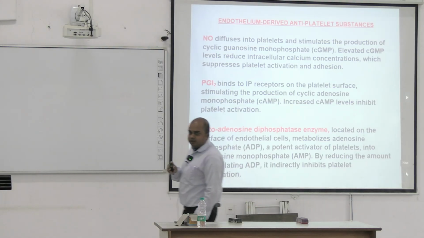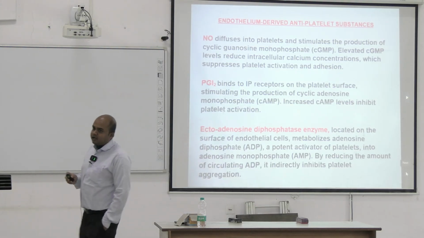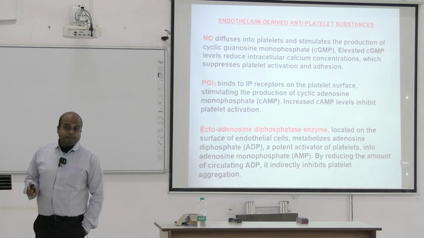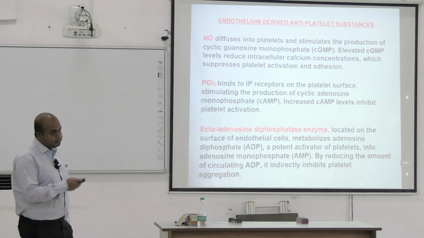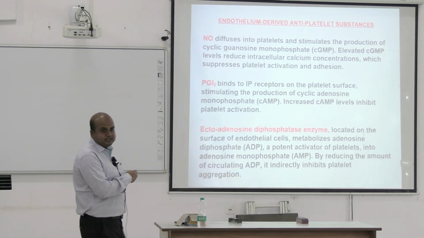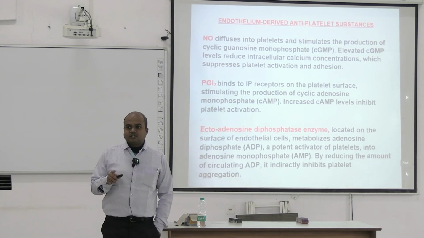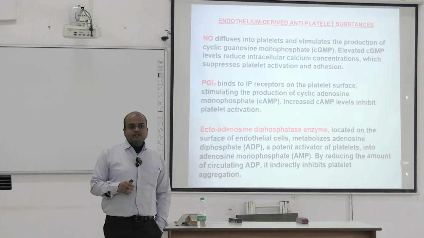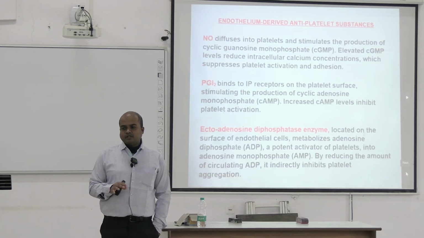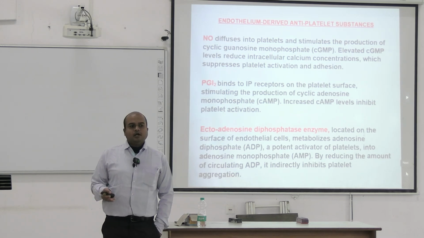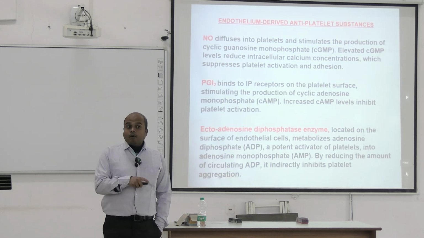So nitric oxide is one factor doing antiplatelet action by the formation of cGMP, and next is PGI2, whose full name is prostacyclin. You have read a bit about these prostaglandins in general physiology, and will read more in pharmacology.